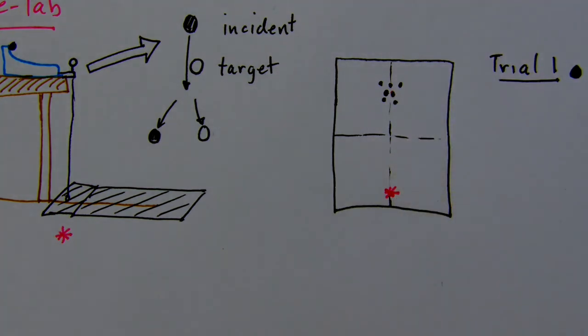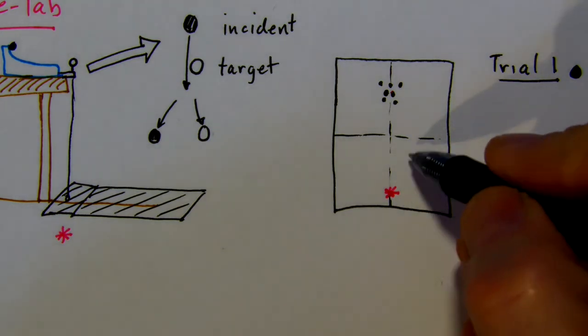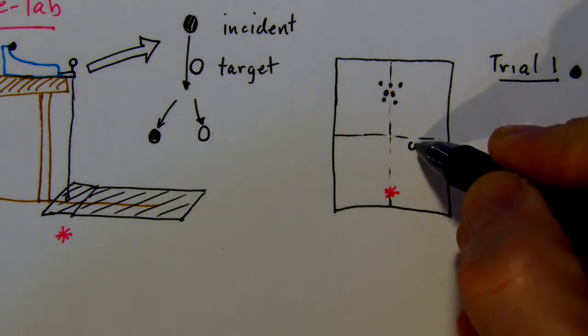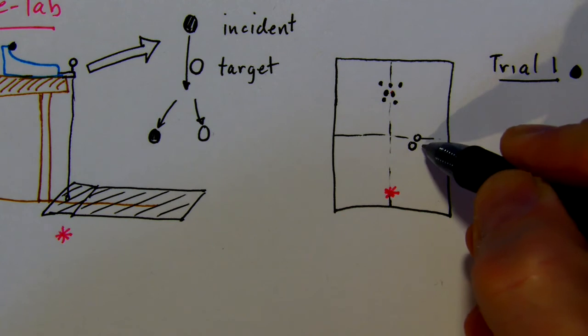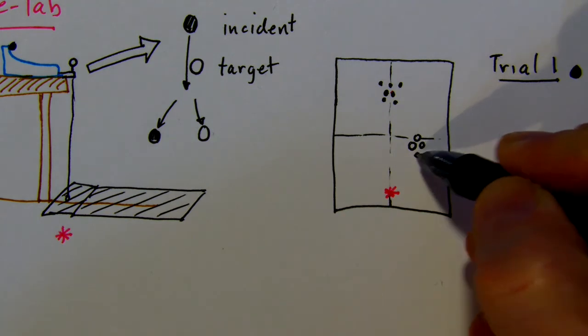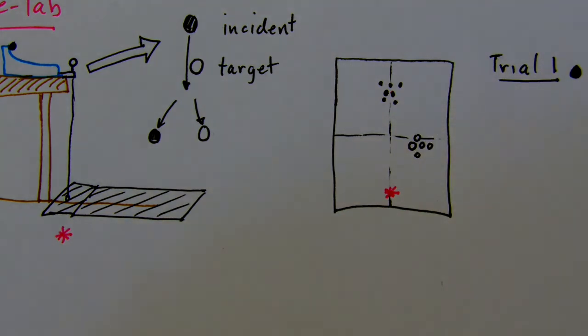And we'll talk more about that because I'm going to give you data in a minute, or at least in Google Classroom. But if you remember, we had the target sphere, and what happens is after the collision we have the target sphere, and we're going to draw this as this. Now obviously they don't show up as hollow dots, they just show up as impact points.